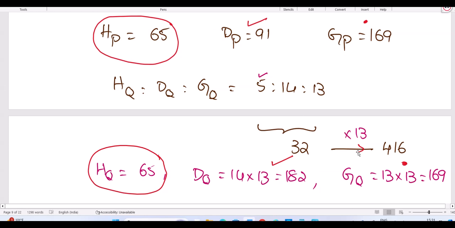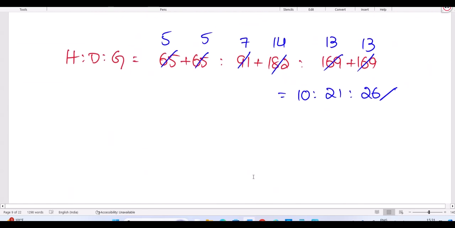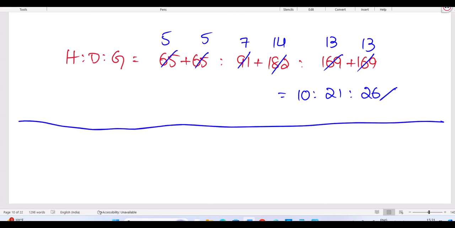What is this multiplied by 13, hope you got it. Why is it required? Now see method 2 for this question. Method 2. So hens in P, ducks in P, goats in P are 65, 91, 169.